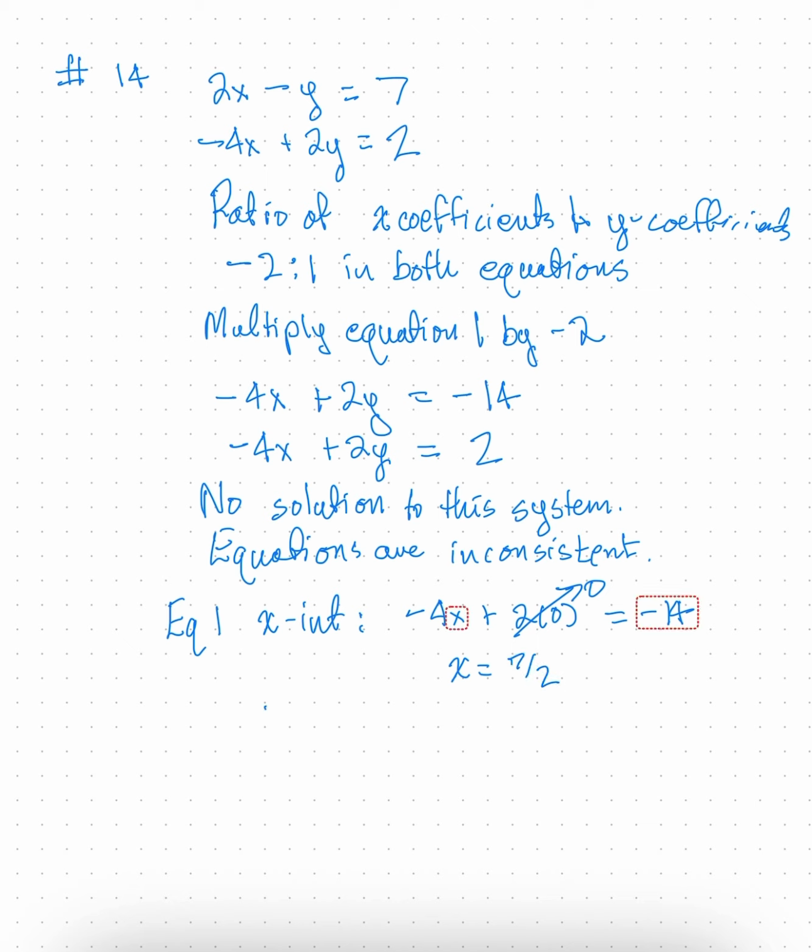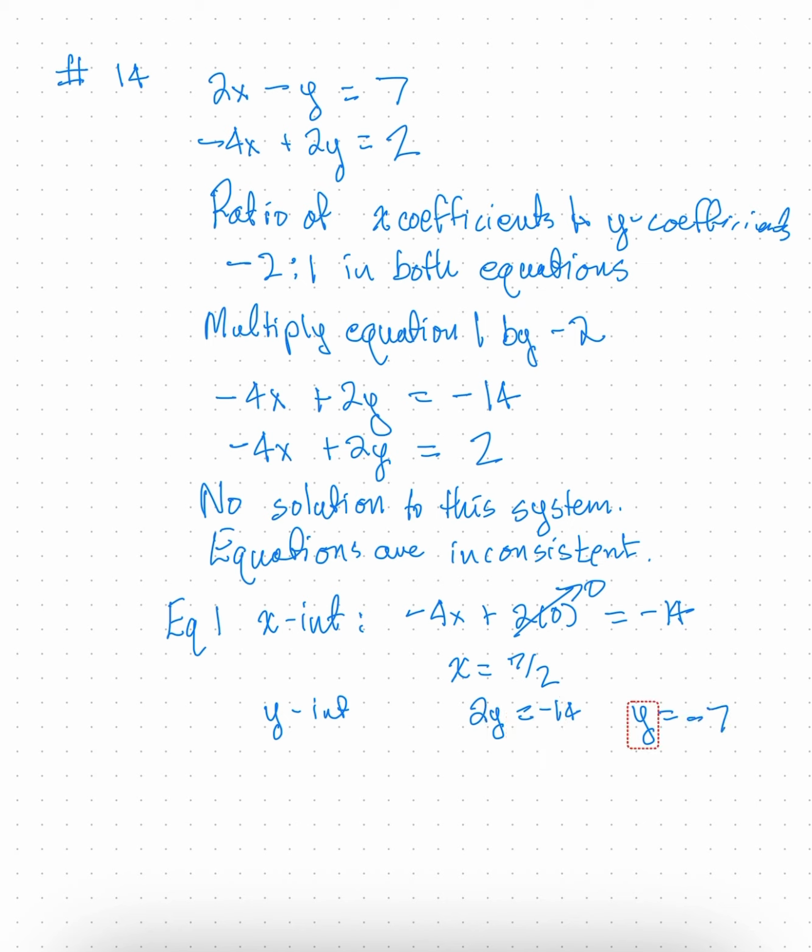And then the y-intercept, well, 2y equals negative 14. y would then be equal to negative 7.